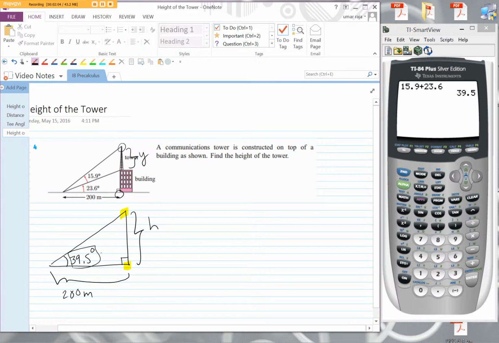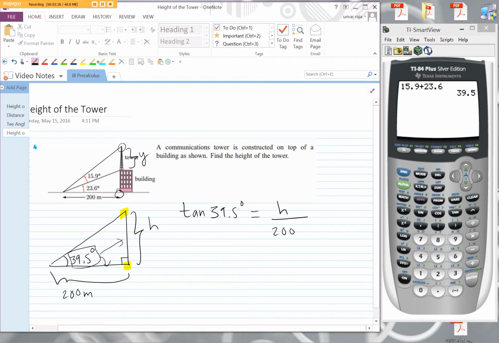The side opposite to this is h, and the side adjacent to this is 200 meters. Since this is a right triangle, we can say that tangent of 39.5 degrees is equal to opposite, which in this case is h, over the adjacent, which is 200 meters.